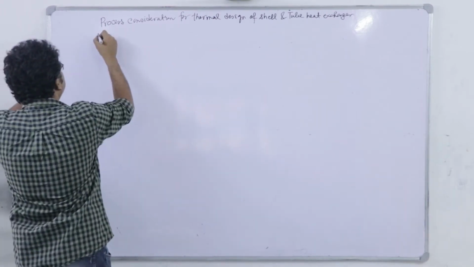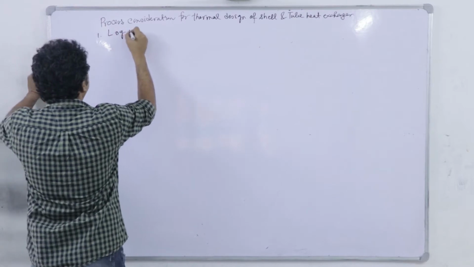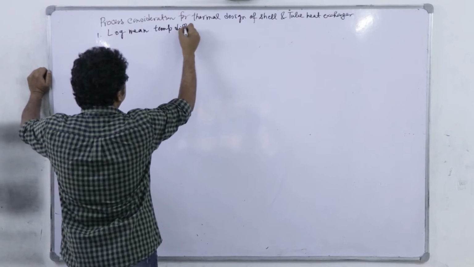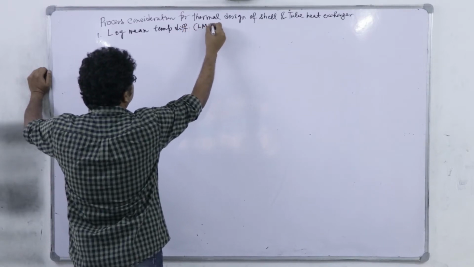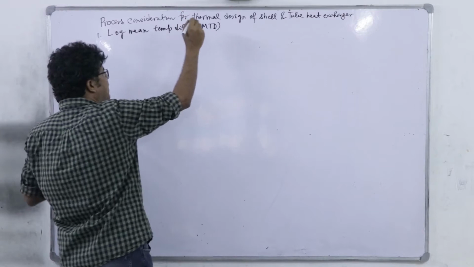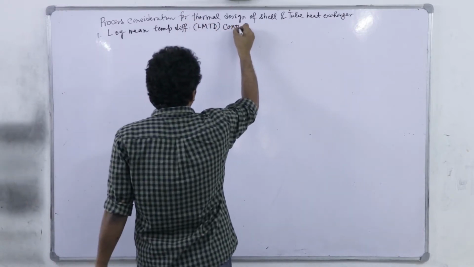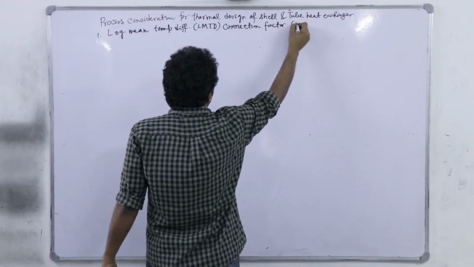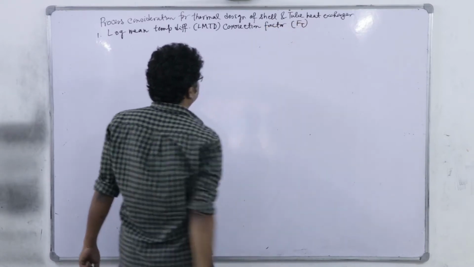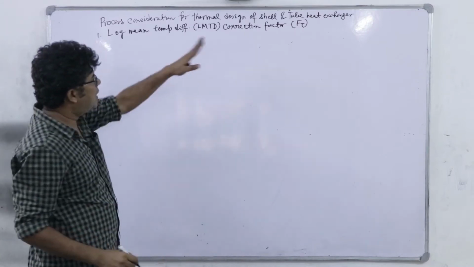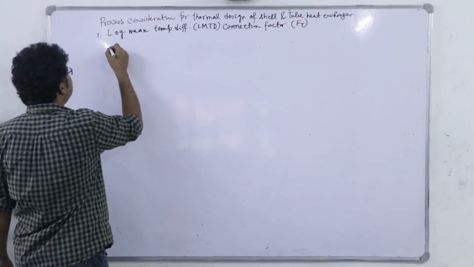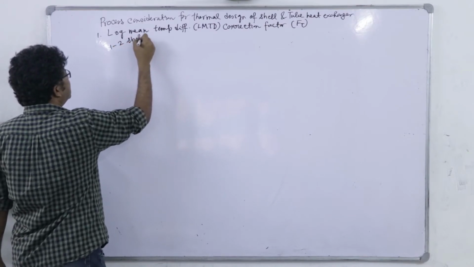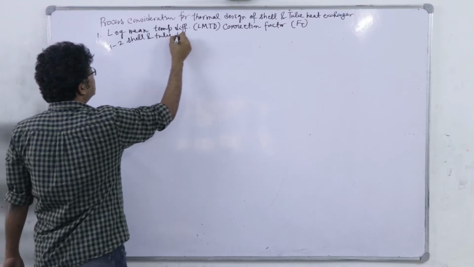First one is the log mean temperature difference correction factor, in short also referred to as the LMTD correction factor, represented as FT. To understand this, let us take a 1-2 shell and tube heat exchanger.